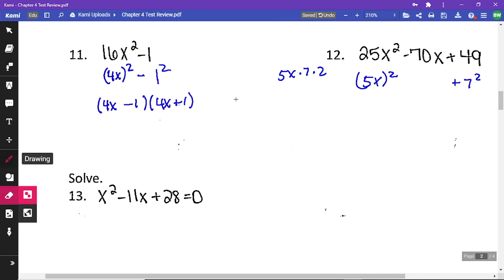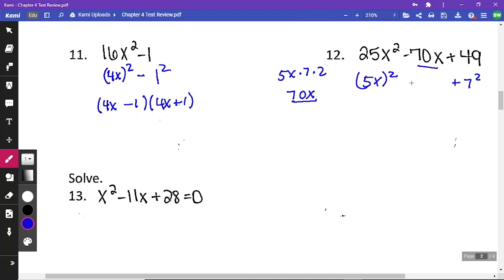And when we multiply that together, you get 70x, right? And that is our middle term. 70x, 70x. That means it fits the pattern. Okay, if that middle term is something different, then it doesn't fit, and you can't treat it as a square.